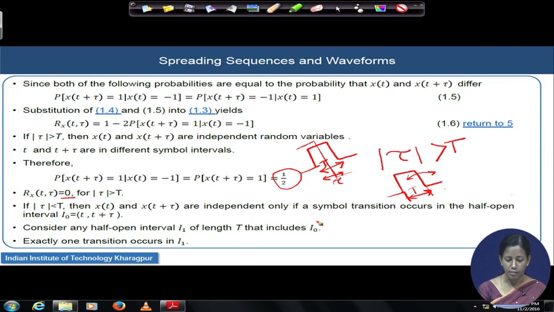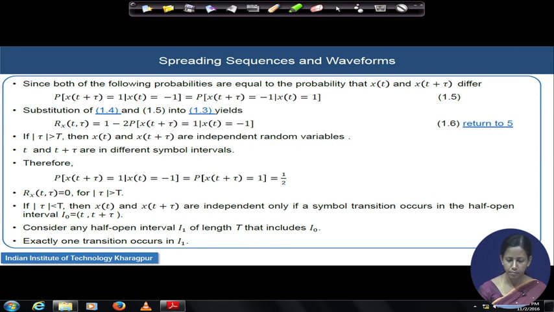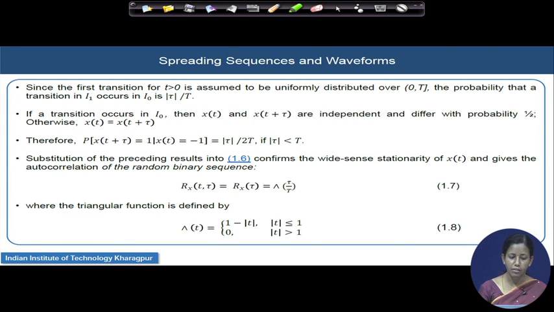Let us think of a situation where the symbol transition occurs in the half-open interval I0, given by t to t+tau, and consider another half-open interval I1 which includes I0 and has a length of capital T, and suppose there is exactly one transition occurring within I1.